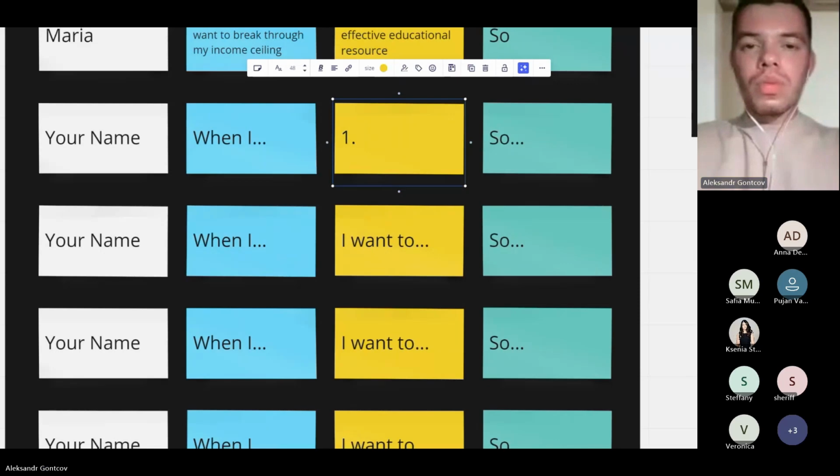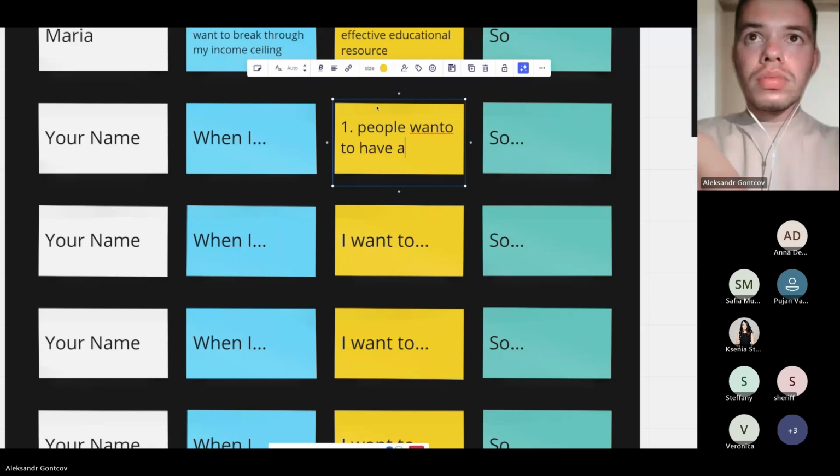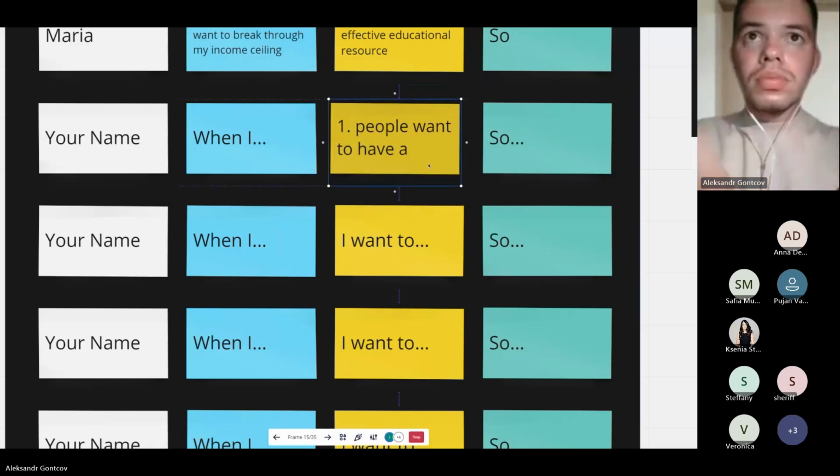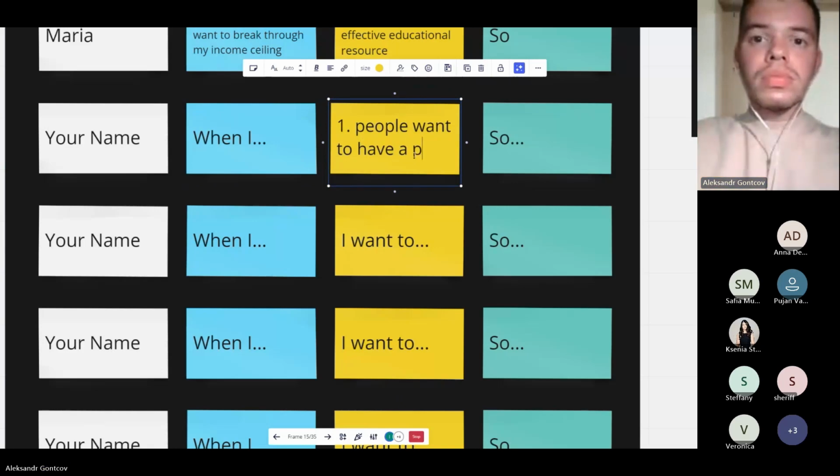I put in the middle that people want to have some resource or platform, like a source or a platform, something that would be helpful for them to acquire necessary skills.